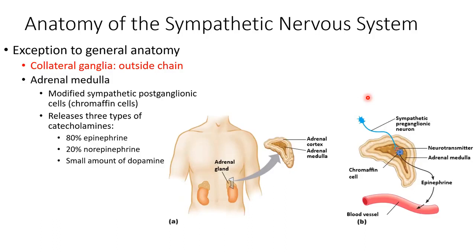So a really important connection to make is that the chromaffin cells act just like postganglionic neurons. They release their secretions just the way a postganglionic neuron would release its neurotransmitter. But because these are entering the blood, we refer to them as hormones here, or catecholamines, and these are usually epinephrine, and to some degree norepinephrine and dopamine.